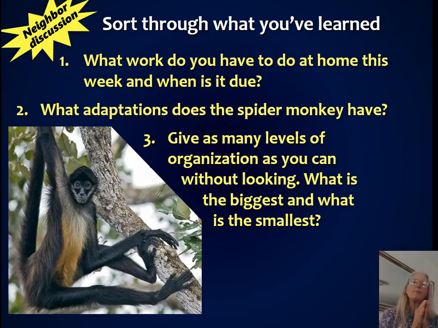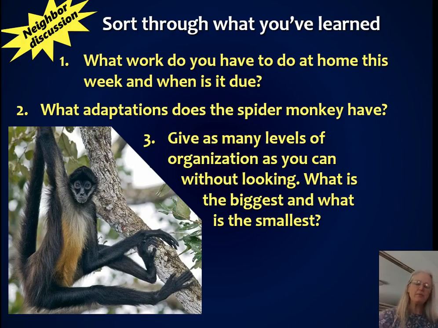Okay, so neighbor discussion. Again, your neighbor could be your goldfish or your dog, or maybe your neighbor is over having tea and you want to discuss biology. Sort through what you've learned. I cheated a little bit here because questions 1 and 2 are really from the last video. But look at the spider monkey. What adaptations does it have? Look back, make sure you understand the definition of adaptations.